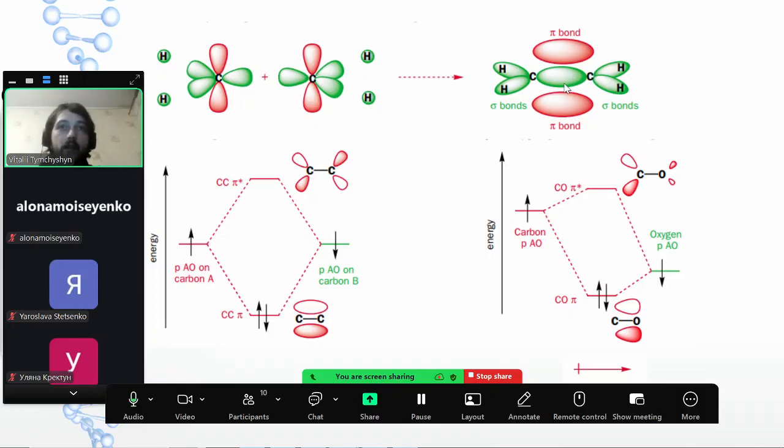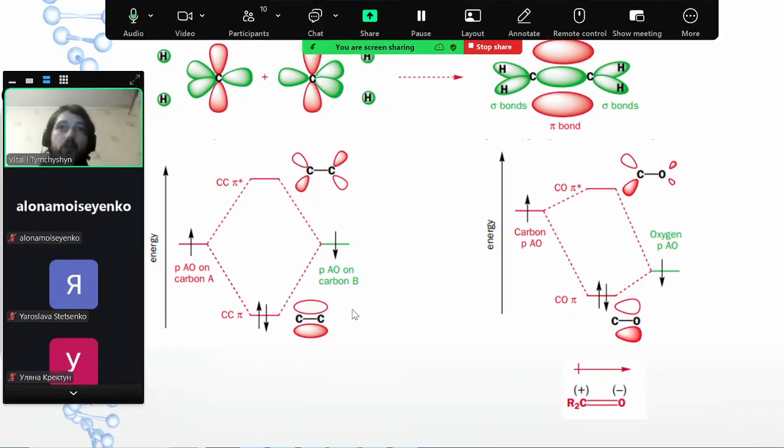The other one is the pi bond. Here you see this pi bond in terms of energy, and once again we have bonding and anti-bonding orbitals. One is pi, one is pi star, so whatever is anti-bonding has a star. This is in the case of different atoms.